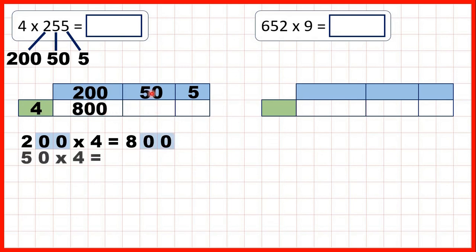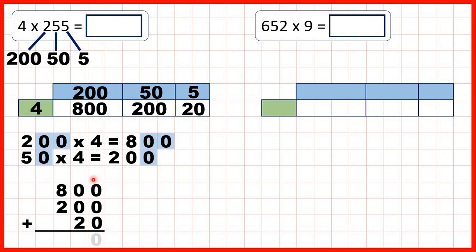Now here we have 50 times 4, which is 200 because 5 times 4 is 20, but after we've written the 20, we need to write another 0 because we have 1 end zero in our multiplication question. And here we have 5 times 4, which is 20. So now, if we add up what we've made, that comes to 1020.